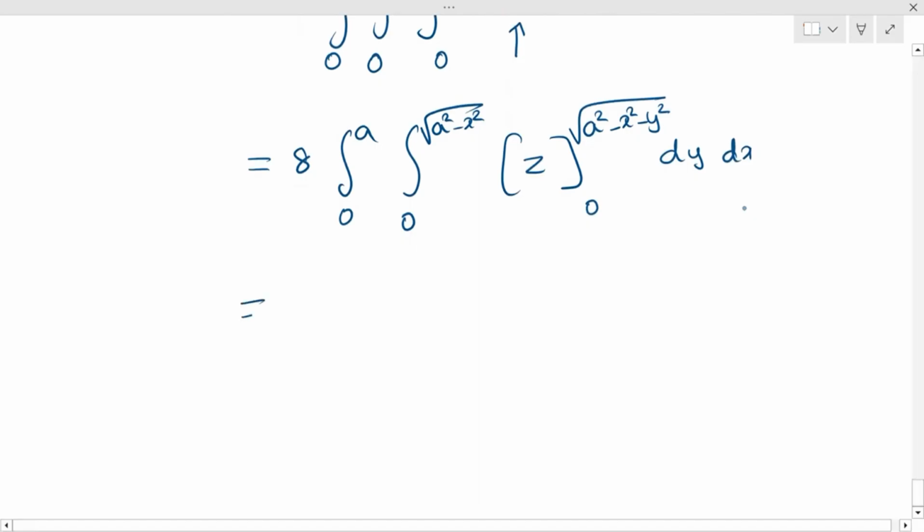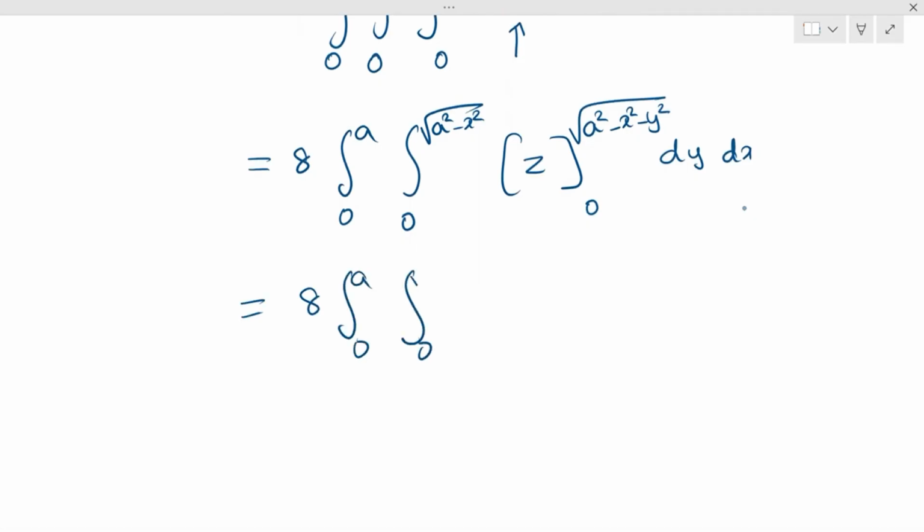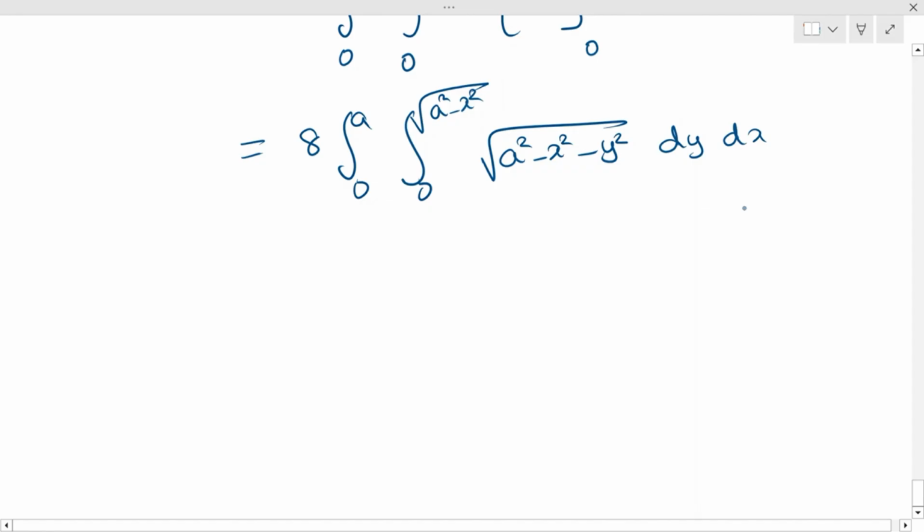Which is equal to 8, integral 0 to a, 0 to root of a square minus x square. Applying the limit means a square minus x square minus y square, dy dx. So here we have to apply the formula. Which formula?